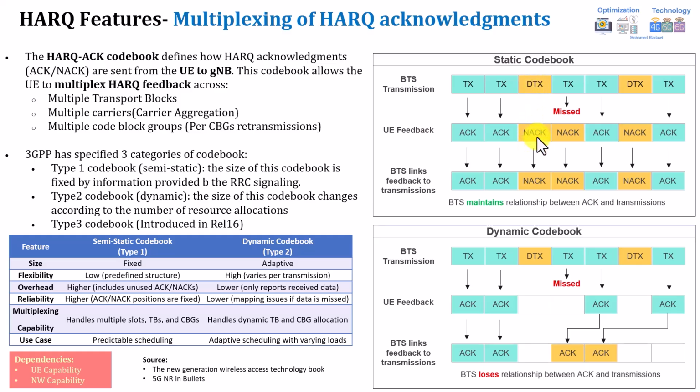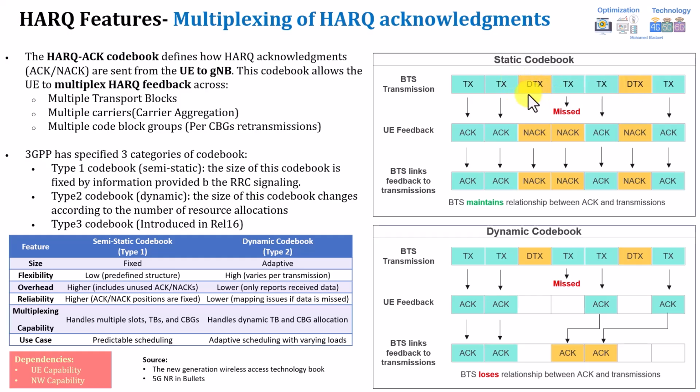So this one is good, as it gives a kind of alignment between the UE and GNB, because the user, even if there is nothing here, will still send a feedback. So the GNB will know, and this will not cause any conflict, as I'll explain shortly. And here, for example, this transmission was missed, so non-acknowledgement was sent. So again, the BTS can link the feedback because the user is sending ACK or NACK for each and every single transmission, or even discontinuous transmission.